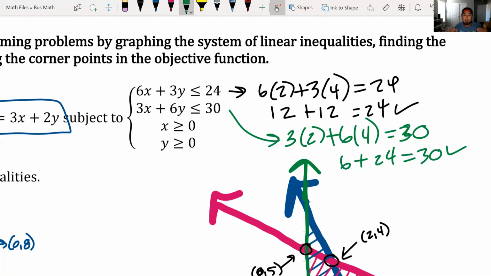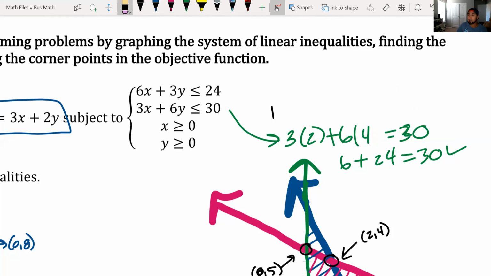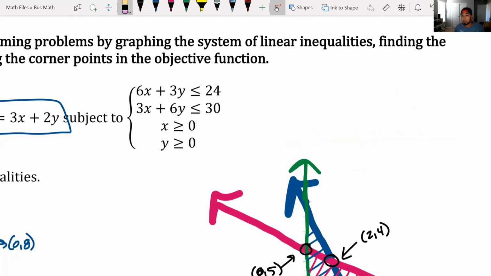So our point (2, 4) definitely checks out, and it was clearly drawn on the graph. But remember, we have done this problem before in the last set of notes, so this has definitely been verified by a system of equations. If the point is not clear enough, then we will definitely need the system of equations to solve for it.